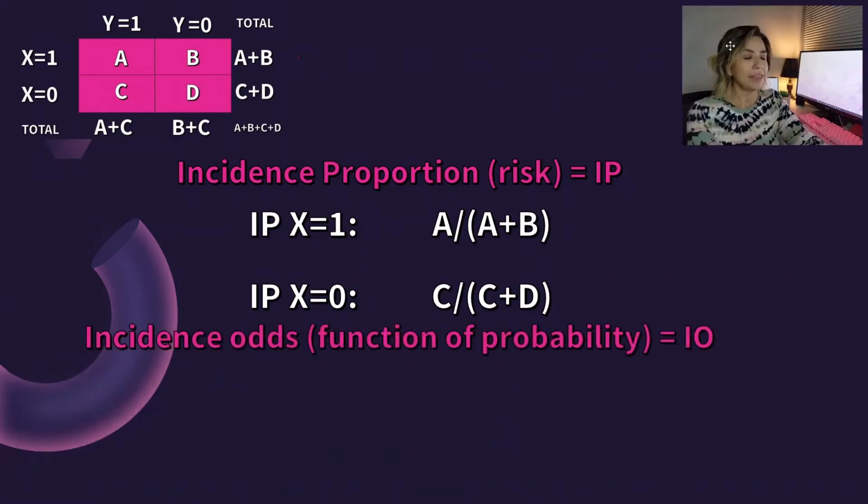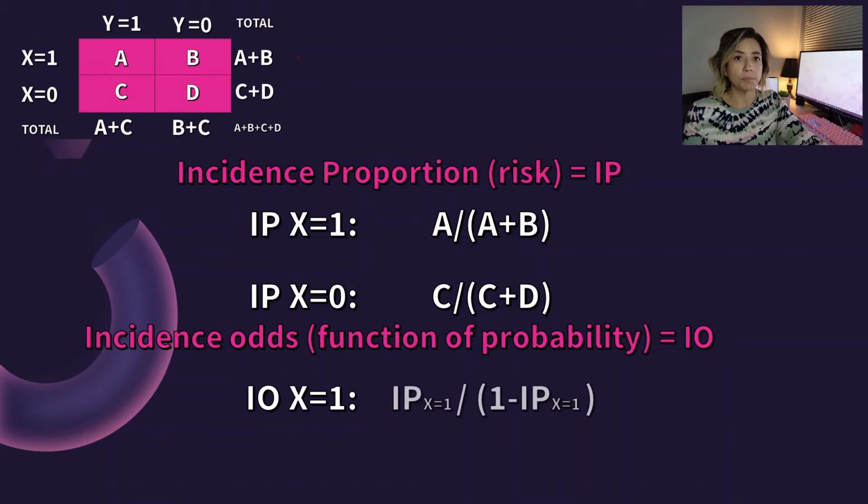The incidence odds is a function of probability, like we mentioned before. So the incidence odds would have a formula for those that are exposed. It would be the incidence proportion for the exposed divided by 1 minus the incidence proportion for the exposed.